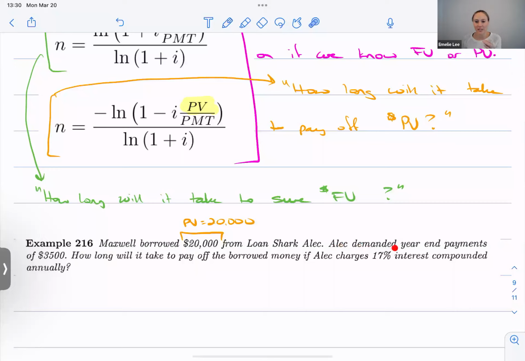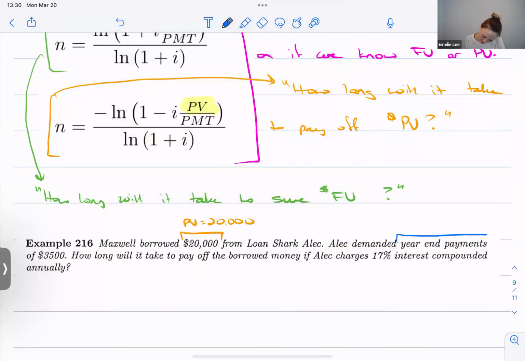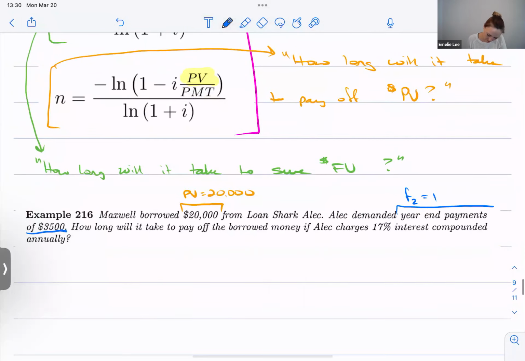Alec demanded year-end payments of $3,500, okay? And so the payment frequency, year-end payments, so F2 is 1. Notice that sometimes they emphasize if it's at the end of the year. Year-end payments, that's going to become important once we introduce beginning of the year payments in chapter 7. But for now, the PMT is 3,500.